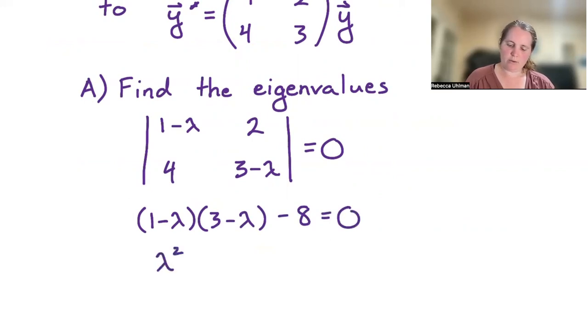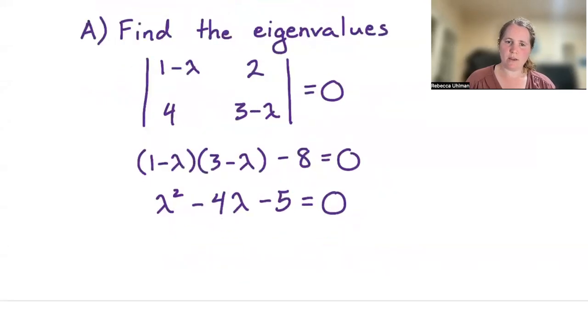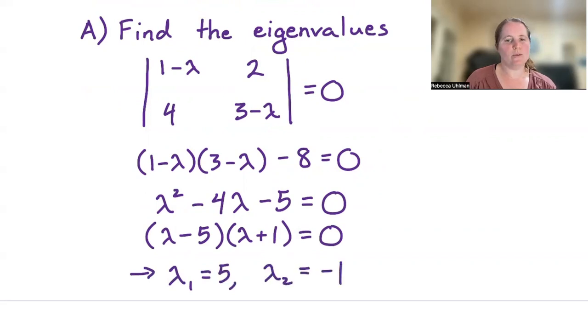This is lambda squared, and minus 3 lambda minus lambda is minus 4 lambda. Then we have plus 3 and minus 8 from minus 5. So we have lambda squared minus 4 lambda minus 5 is equal to 0. This factors as lambda minus 5 times lambda plus 1 equals 0. So we can take our lambda 1 to be 5, lambda 2 to be negative 1. Note, it does not matter which one we label as 1 and which one we label as 2.